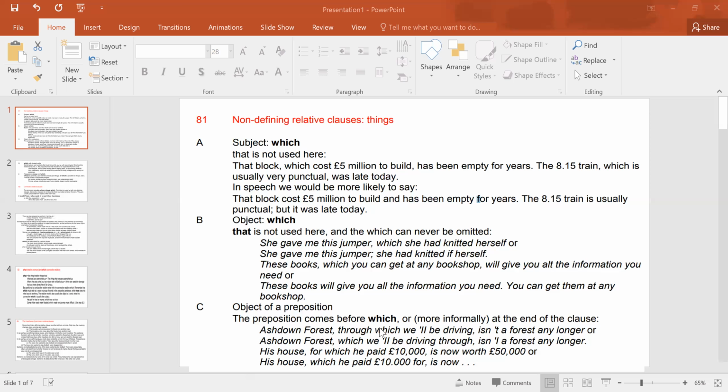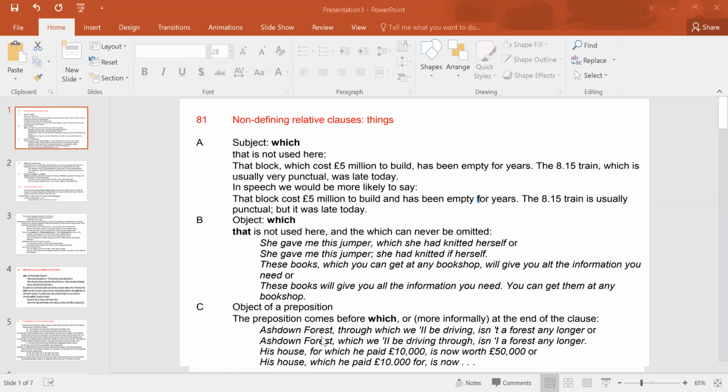Here normally the preposition comes before which, or when you say a sentence informally, you move the preposition to the end of the clause. For example, in these examples, you can see that the prepositions are used with which or before which.